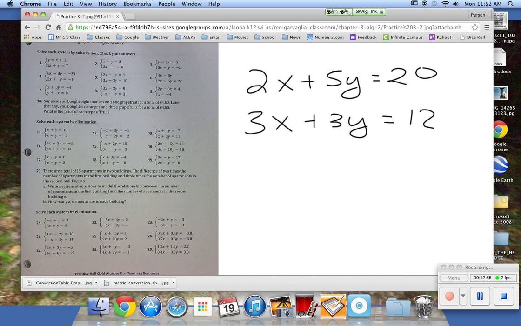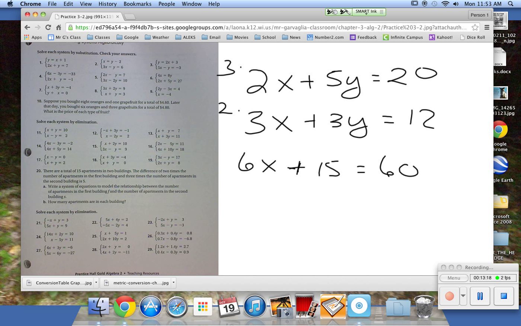You could make these both 15, or you can make these both 6. Right? So then I'd multiply this one times 3 all the way through, and I multiply this one by 2. So then I'd end up with 6x plus 15y equals 60.